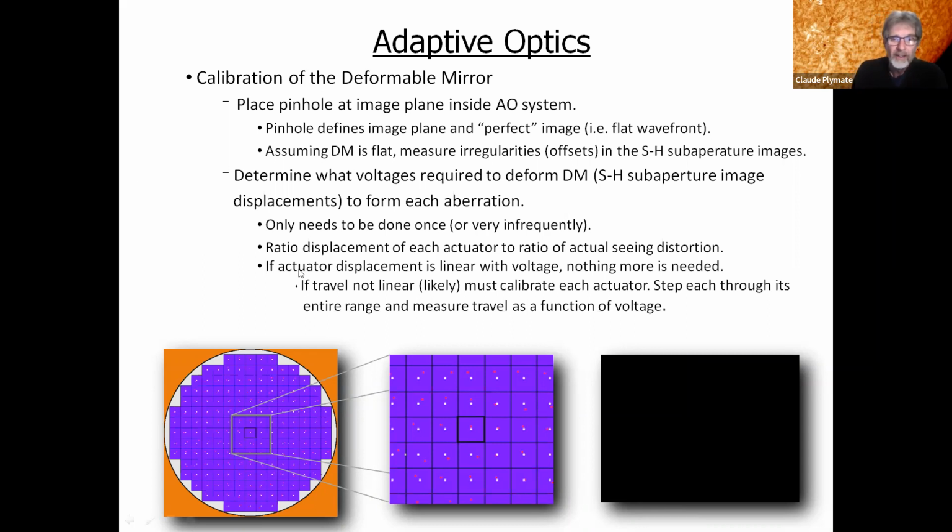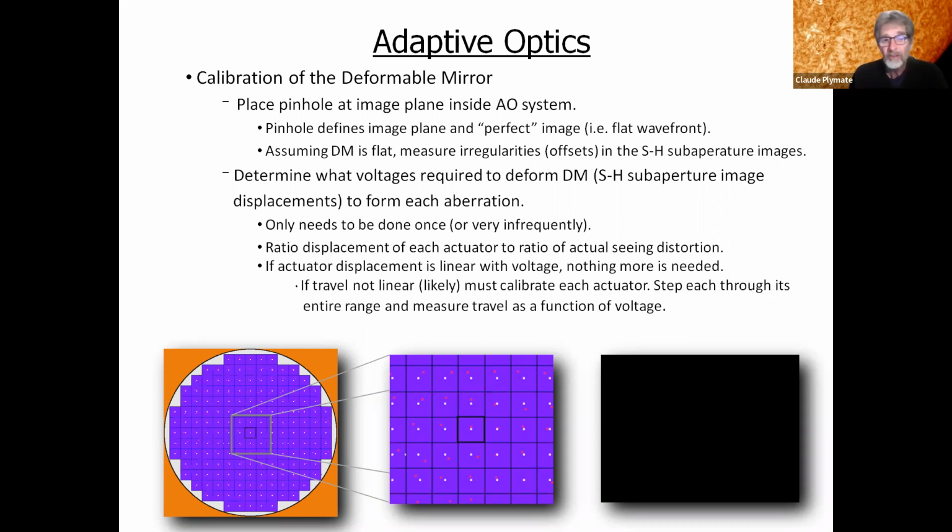Now, that would be the ideal case if the actuator was truly linear with voltage. That's probably not the case. It probably is not, but we can also calibrate each actuator by running it through its entire range and coming up with a displacement as a function of voltage for each actuator.